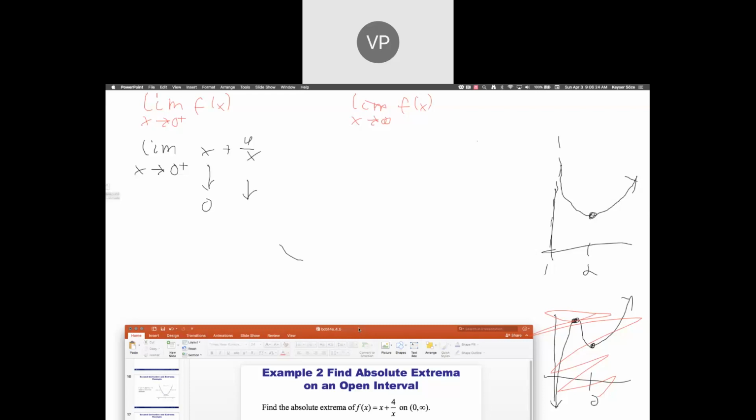This thing is becoming either a positive or a negative infinity. Well, how do we know? Let's just plug in something like 0.001. That gives us 0.001 plus 4 over 0.001. Tiny number on the left, big number here. I think it's like 4000. The point is, it's positive. That just confirms this thing is going to positive infinity.